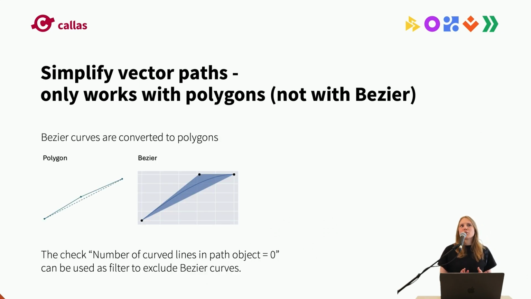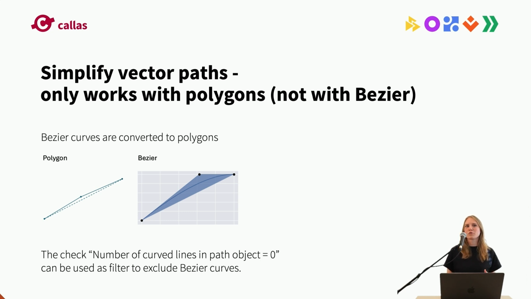One thing that you need to know if you want to use this fix-up is that this only works properly with polygons. So a path object can also include Bezier curves, as you probably know. And if you have objects that have this Bezier curve and you run this fix-up, it will convert it to polygons. And maybe if your cutting device can interpret Bezier curves, that's nothing you want to do.